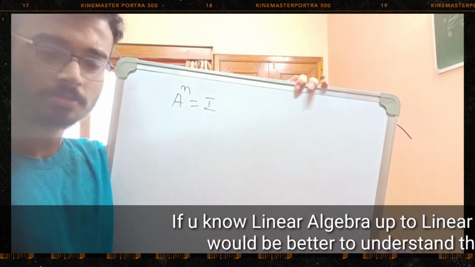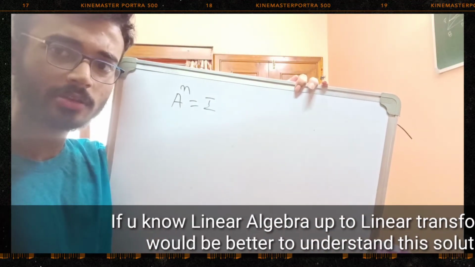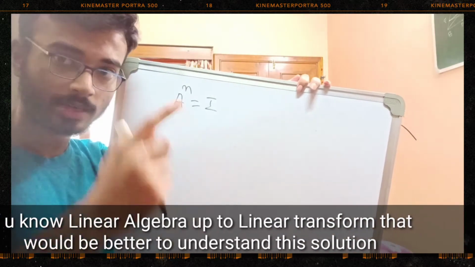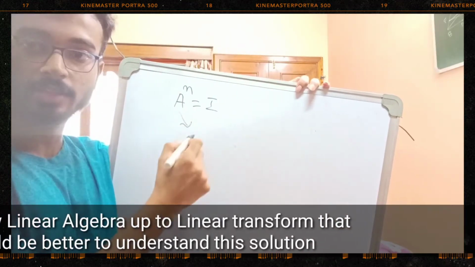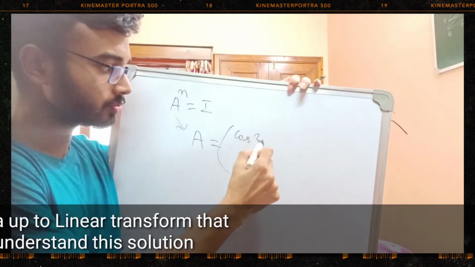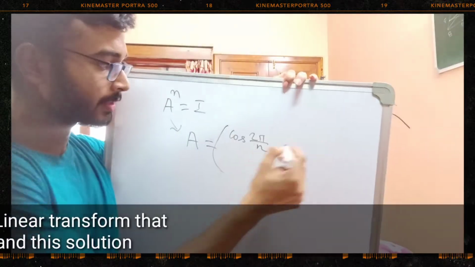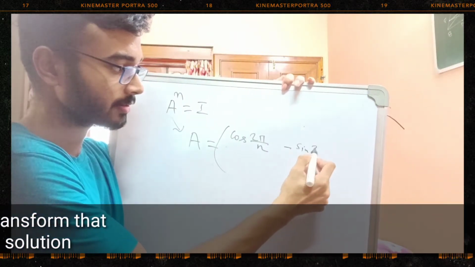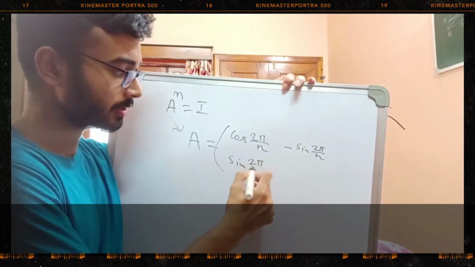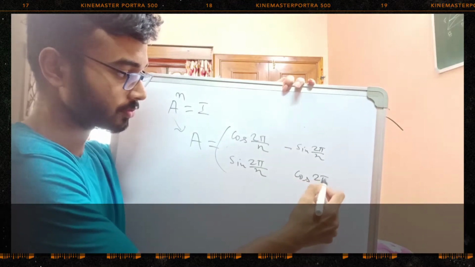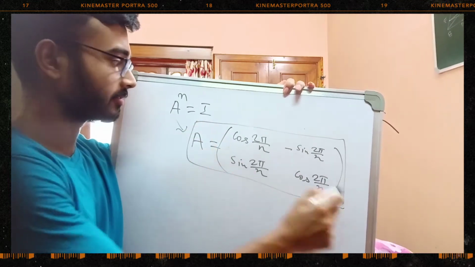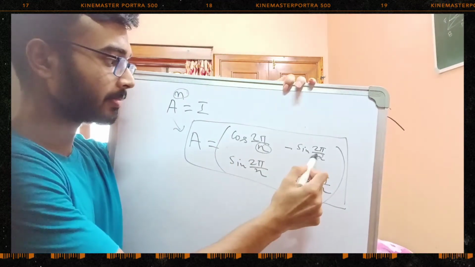So how can I prove this? If I tell you the theory or the technique for how to derive this matrix, that would be better. But for now, if I tell you the matrix is A equals cos 2 pi over n, minus sine 2 pi over n, sine 2 pi over n and cos 2 pi over n, you can see that this is our required matrix, and n is any number you choose.